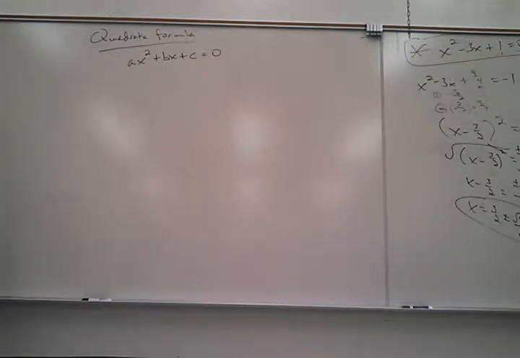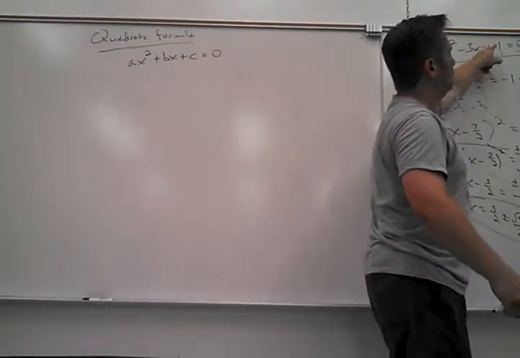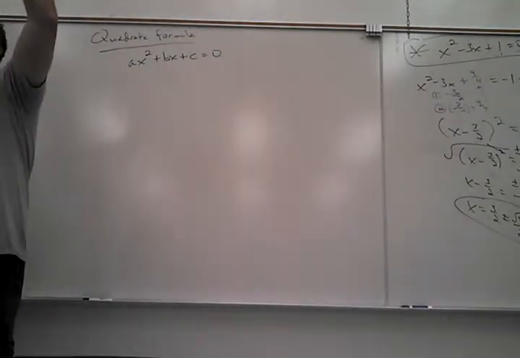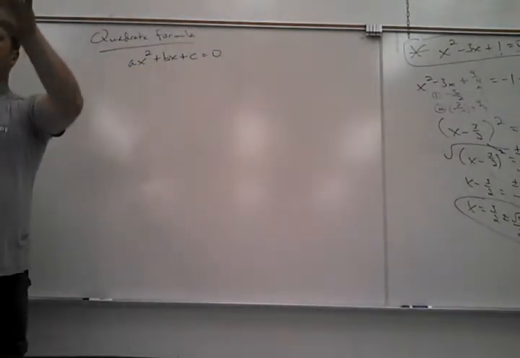Now, a, b, and c are going to be numbers normally for us, right? In this case, a, b, and c were 1, -3, and 1. So if you've worked with the quadratic formula before, you understand that picking out what a, b, and c are is kind of important, so you can plug it in the right place.